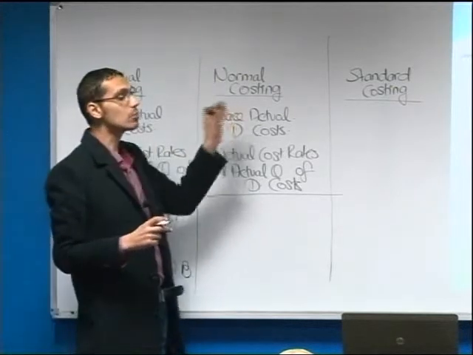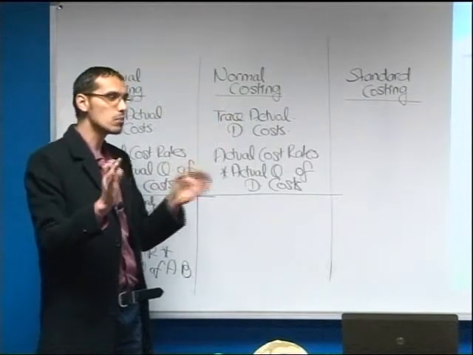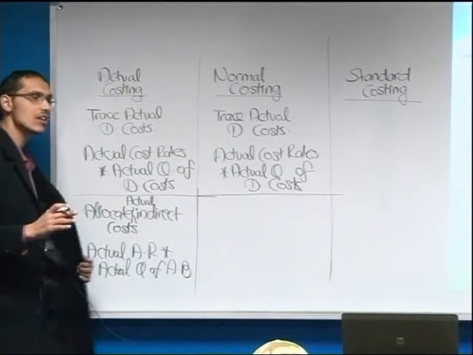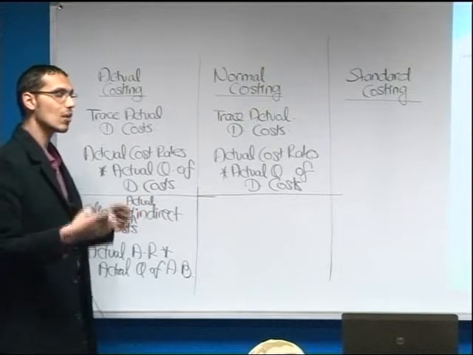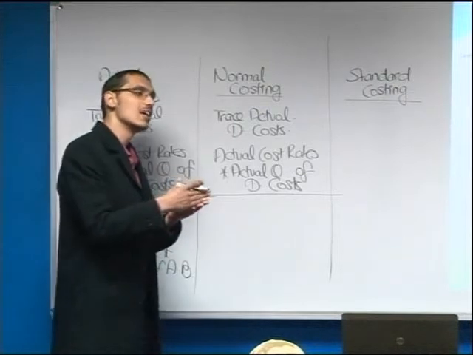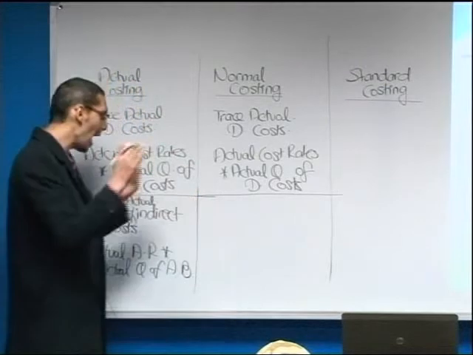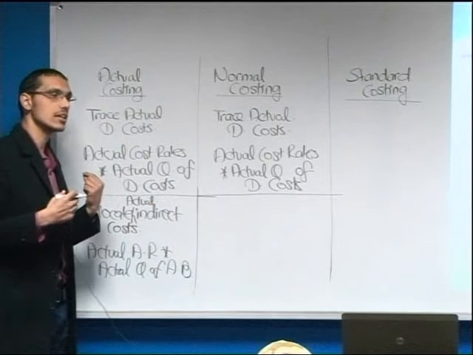While in normal costing, we said that we might face a problem by using the actual allocation rate. Because in order to make control decisions or corrective steps, we cannot wait until the end of the period to determine the actual allocation rate.